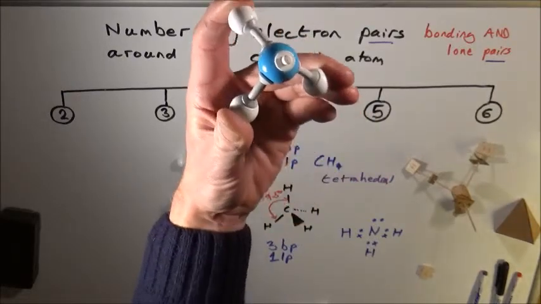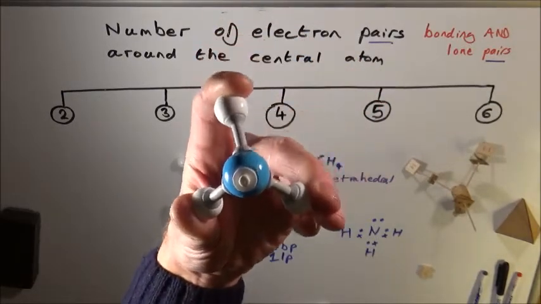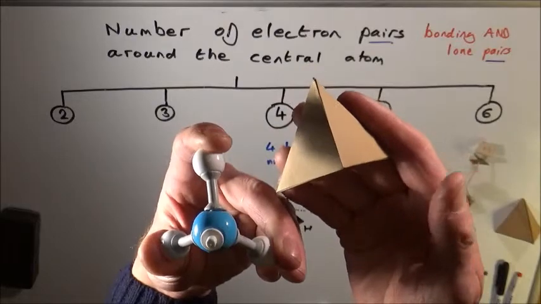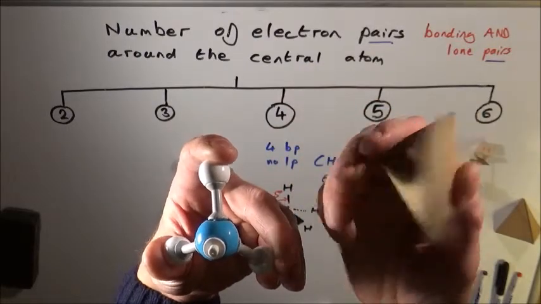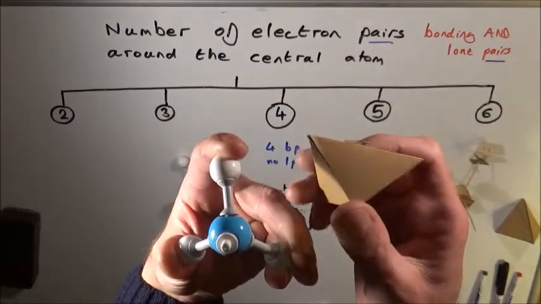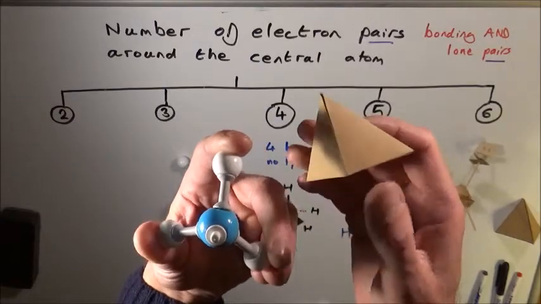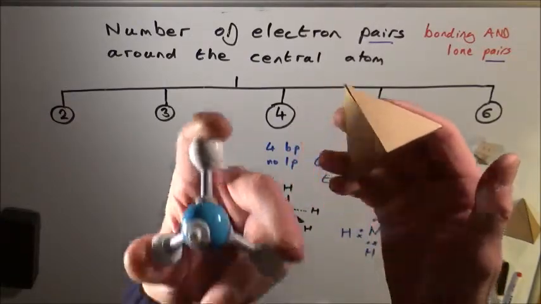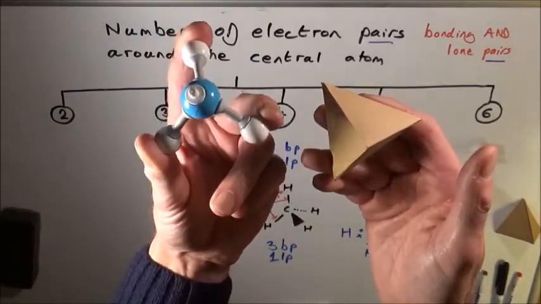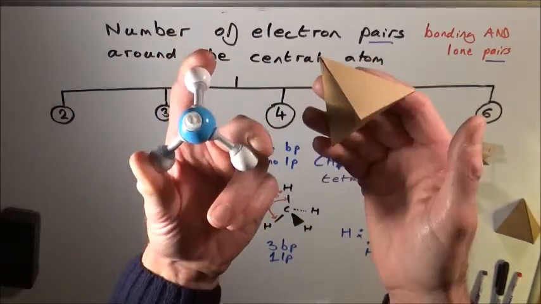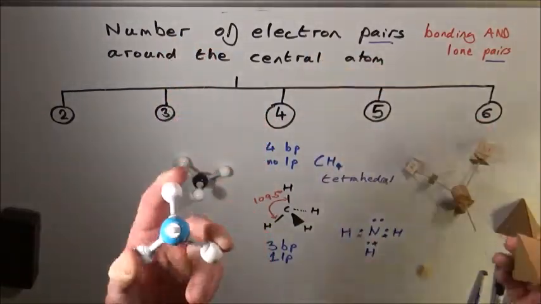And if I was to wrap that one up, I would get a pyramid. Okay, and it's a triangular based pyramid, so it's called a pyramidal shape. So the geometry of the ammonia molecule is pyramidal and the bond angle is 107 degrees.